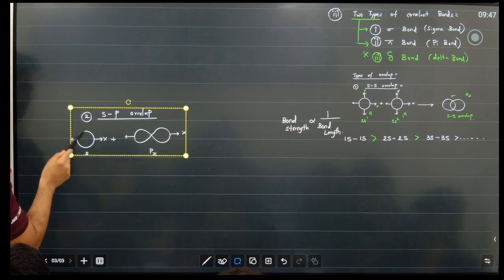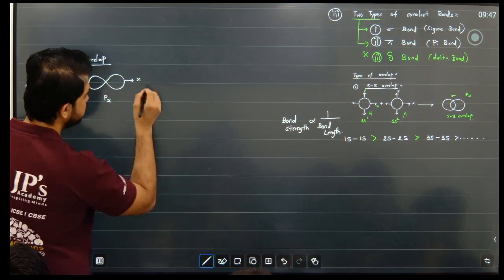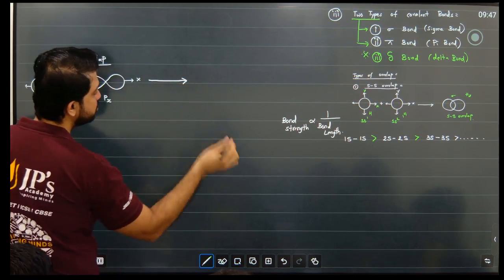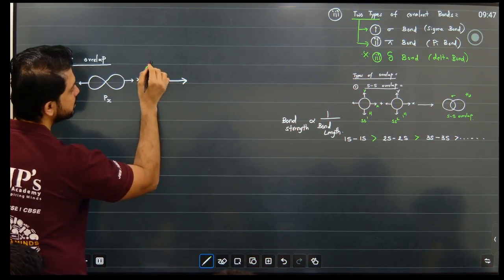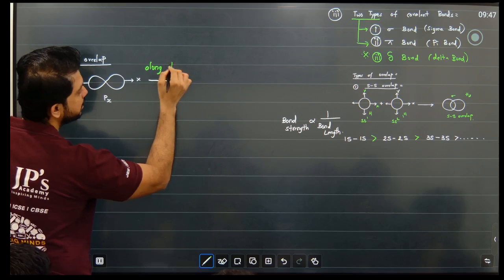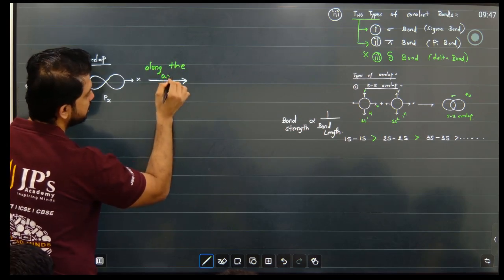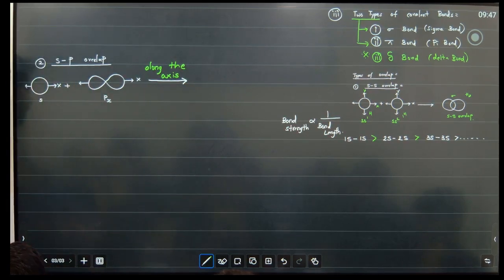And hence when sp overlap is taking place, I repeat, the overlap has to be along the axis. Both the orbitals have to come close to each other along the axis.